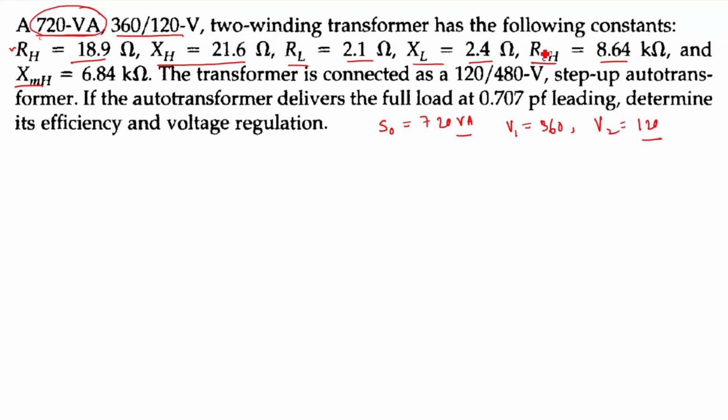That means the core loss resistance on the high voltage side is 8.64 kilo ohm and the magnetizing reactance on the high voltage side is 6.84 kilo ohm.